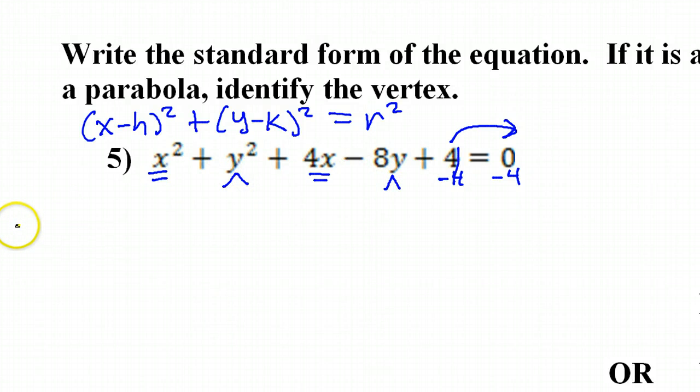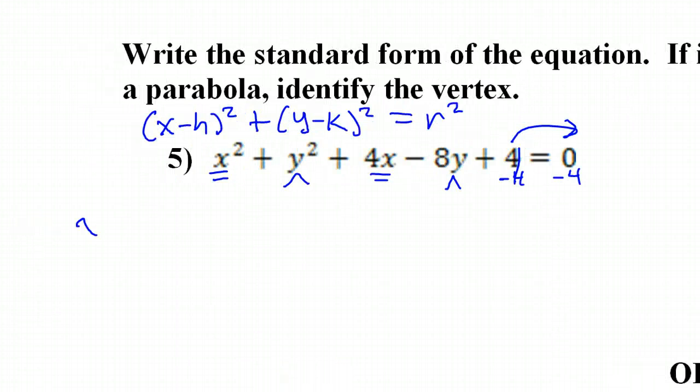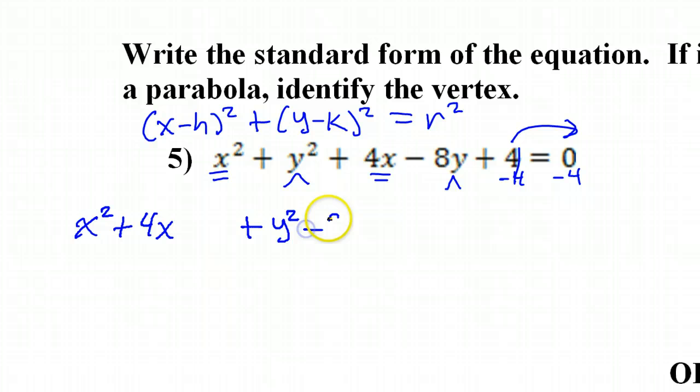So I'm going to have, let's see, can I give myself a little more space? I'm going to have x squared, and then plus 4x. Alright, leave a space to complete the square. And then I'll have y squared, and then minus 8y. Leave a space to complete the square. And then we move this 4 over, so I've got this equals -4.